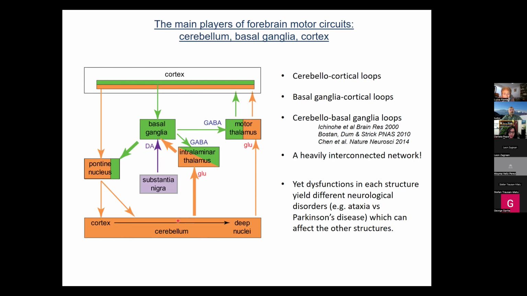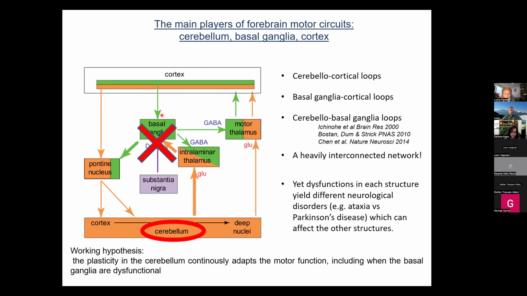So, for example, dysfunctions in the cerebellum yield ataxia, while dysfunctions in the basal ganglia yield Parkinson's disease, which can affect the other structures. So we are interested to see what goes wrong in the cerebellum when something goes wrong in the basal ganglia. And our hypothesis is that plasticity in the cerebellum continuously adapts the motor function, including when the basal ganglia are dysfunctional.